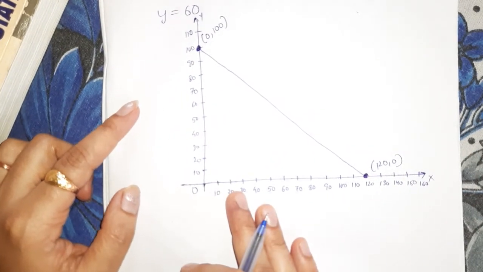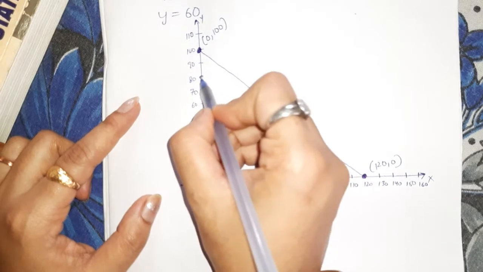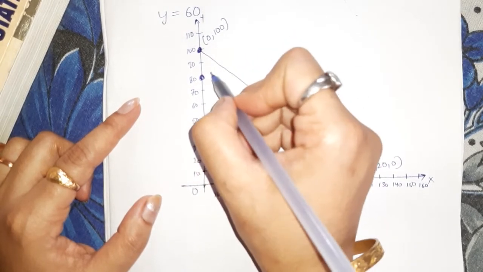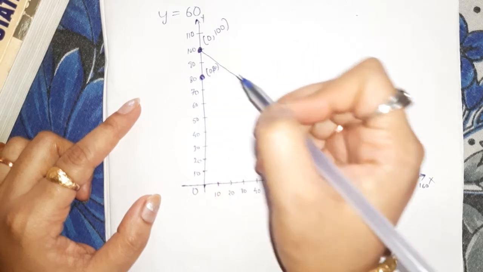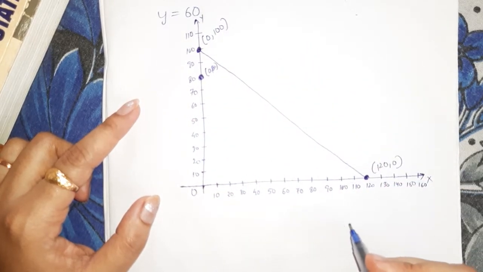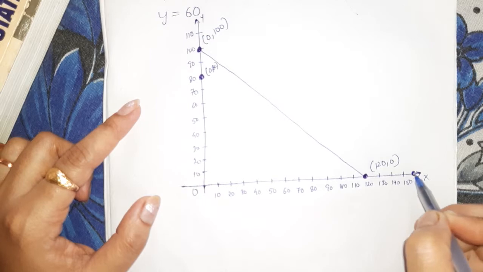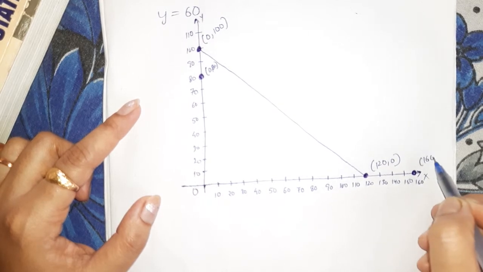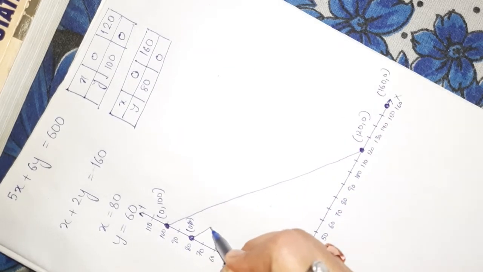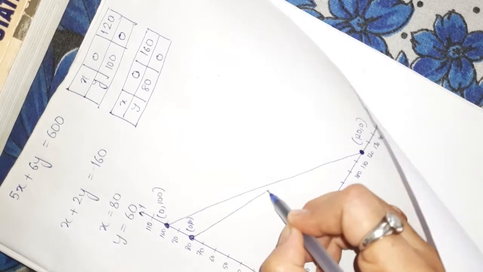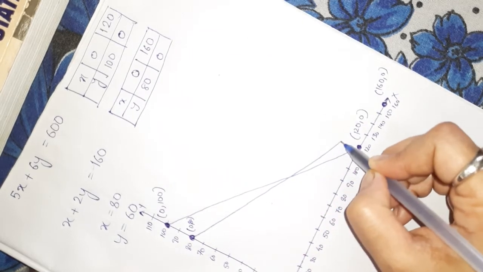Next x 0, y 80. This is 0, 80. y 0, x 160. This is 160, 0. So this will be this line.